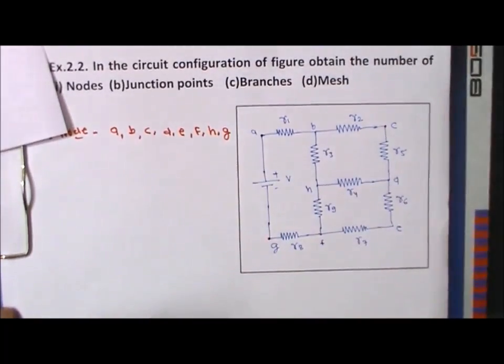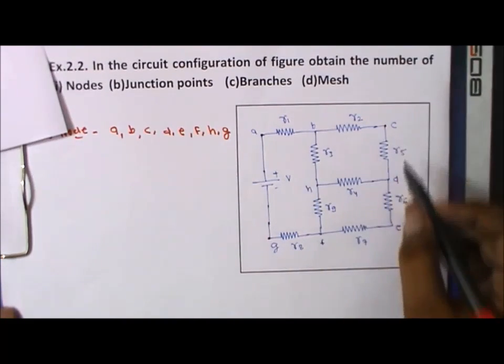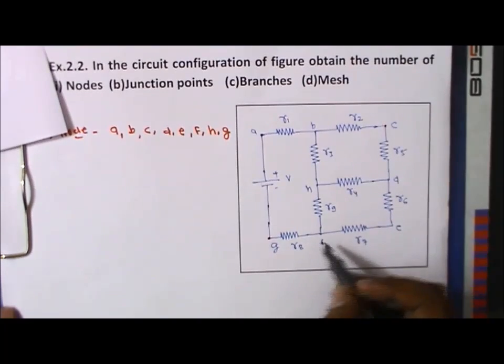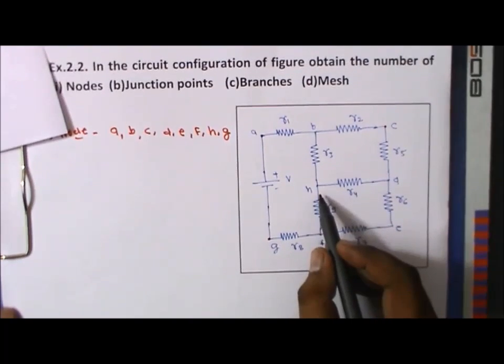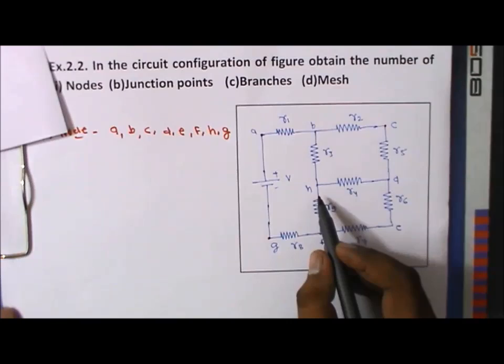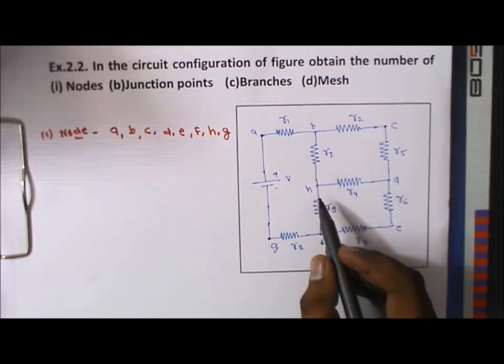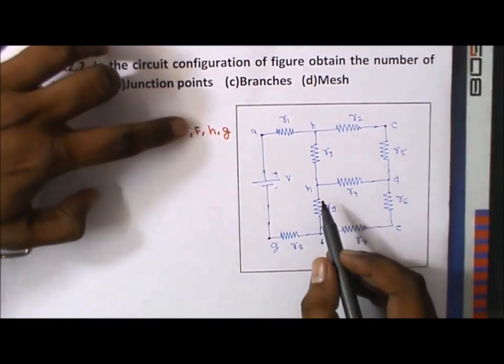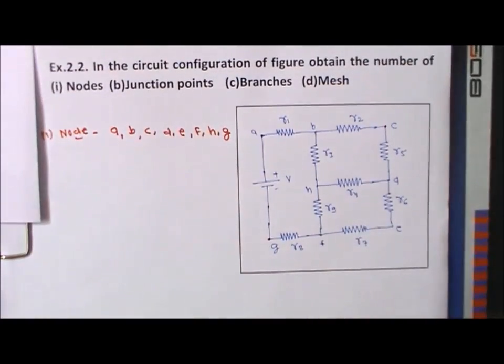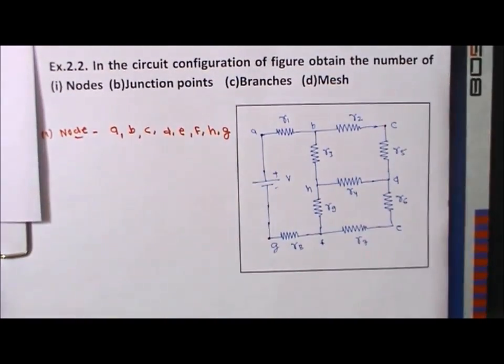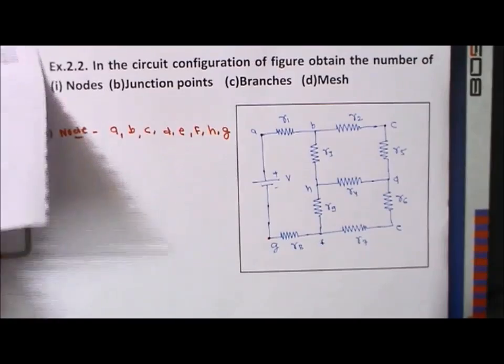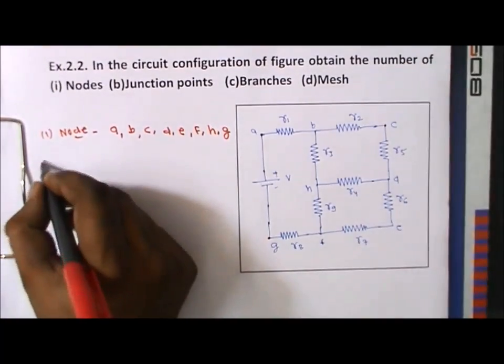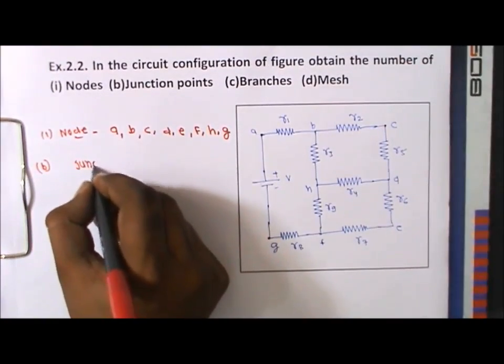And last we can say that A, B, C, D, E, F, G, H. So these are the basic nodes that we are having: 1, 2, 3, 4, 5, 6, 7, 8. 8 nodes. Now we have to calculate the junctions. Junction points.